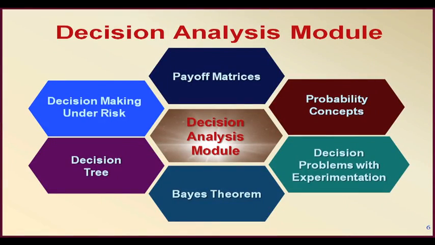So, those situations of different contexts, whether to make a decision to launch a particular product initiative or not, can be looked into in decision problems with experimentation, and the decisions evaluated in a decision tree format.